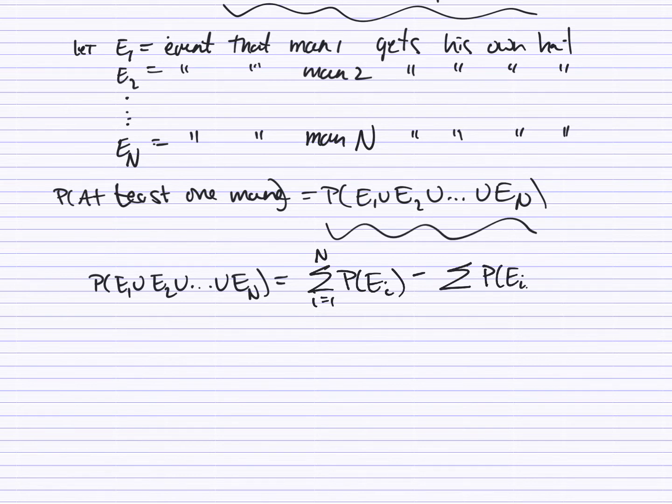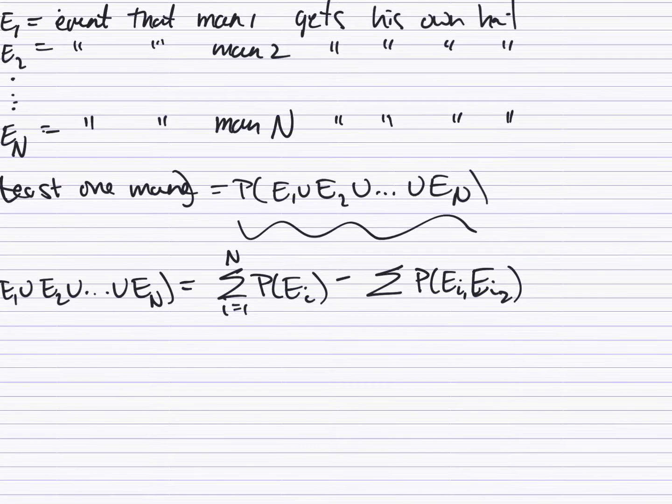So we did E sub i1, E sub i2, because we don't know how big N is. And we put the restriction that i1 is less than i2, right?